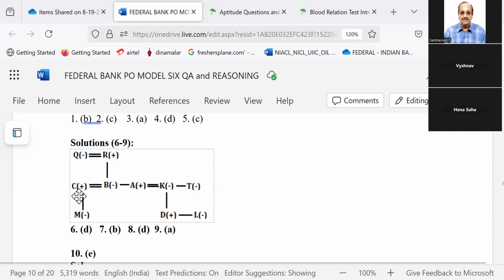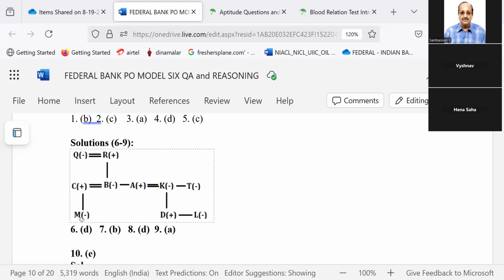B is married to C, male. A is married to K, which is female. Then they each have one brother or sister. So that is T. And they have children D and L. And they have a child, it is M. But it is not easy to draw.